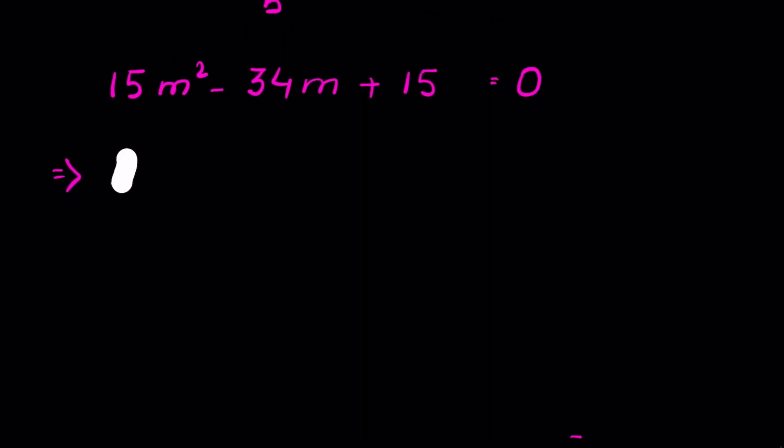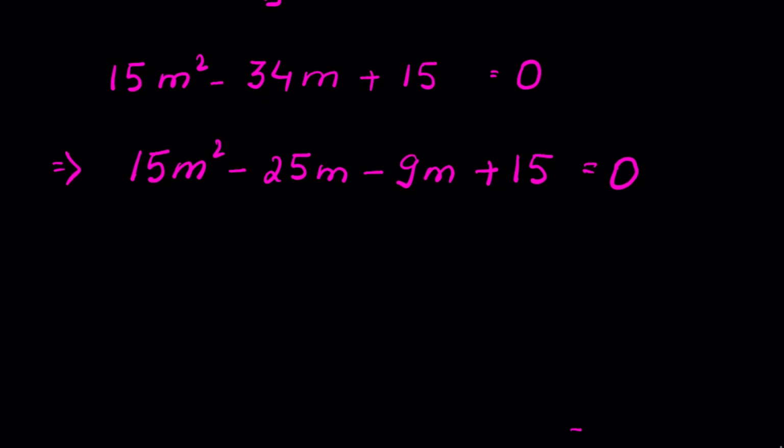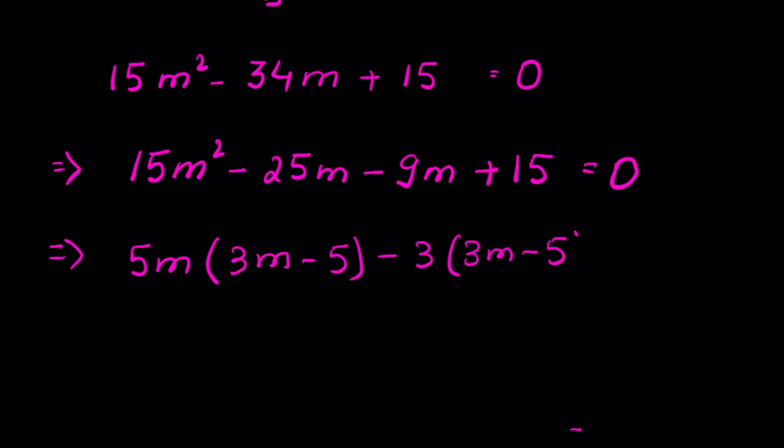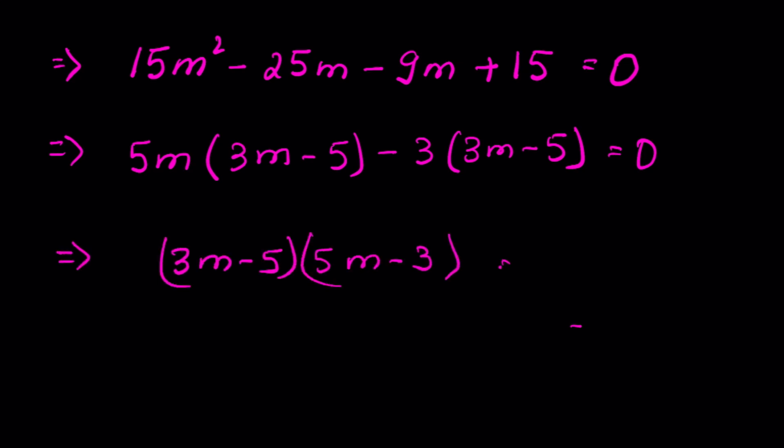So here we can write 15m square minus 25m minus 9m plus 15 is equal to 0. Now we can take here 5m as common, bracket 3m minus 5, and here 3 as common, 3m minus 5 is equal to 0. Now 3m minus 5 is common, and here 5m minus 3 is equal to 0.